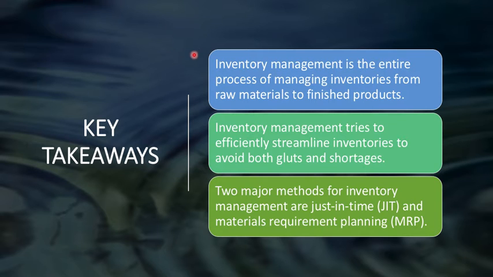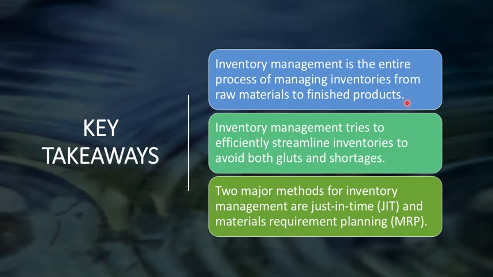What you can mainly take away from inventory management: inventory management is the entire process of managing inventory from raw material to finished good. As I mentioned already, it's the management from raw material to finished good. How can you get better output, how can you have the lowest cost for the inventory, how can you increase profit, because inventory occupies, on average, 60% of your total investment.